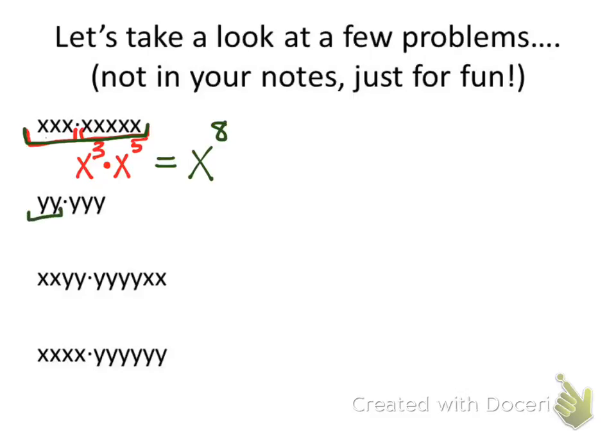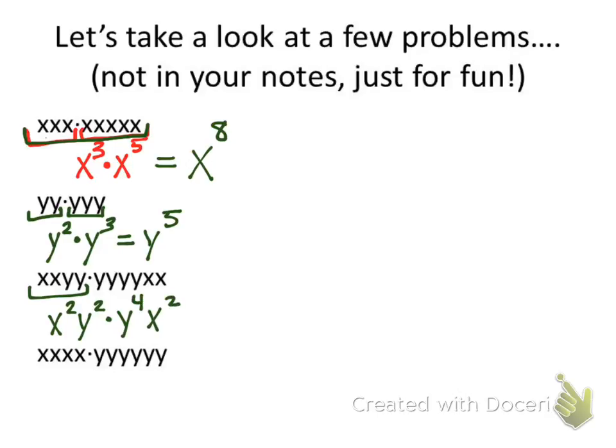Let's do the same thing down here. I could write it as what? Y to the second times y to the third. What would the whole thing be? Y to the fifth. Good. Alright, getting a little trickier. We have x squared y squared times y to the fourth x to the second.